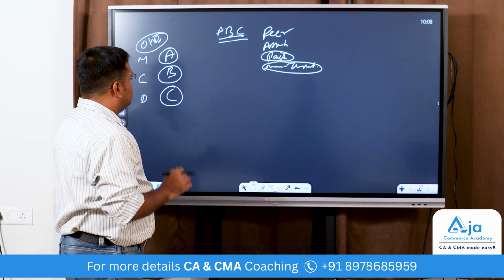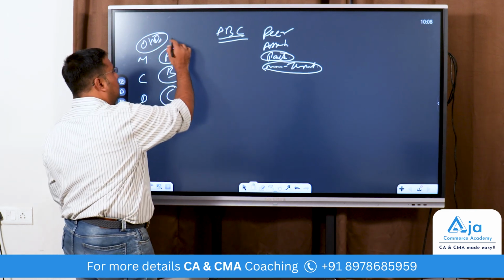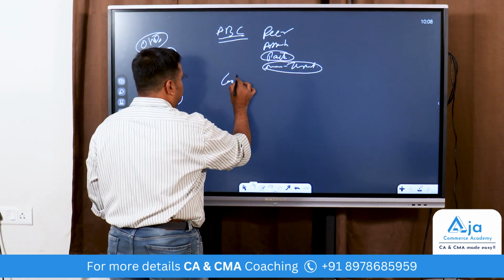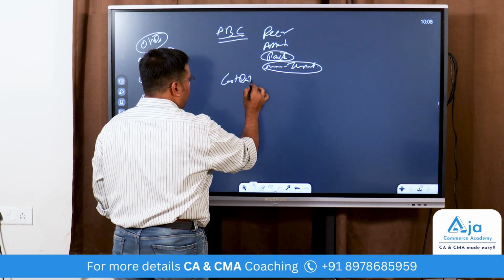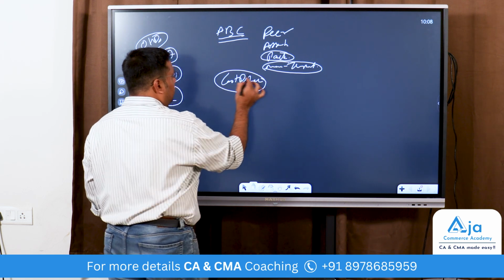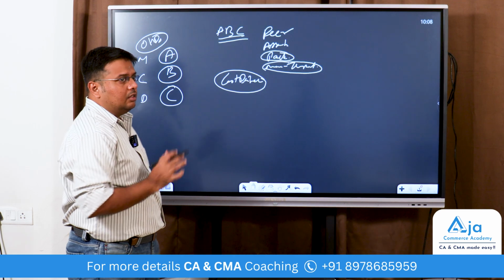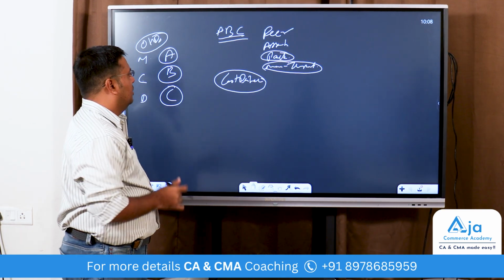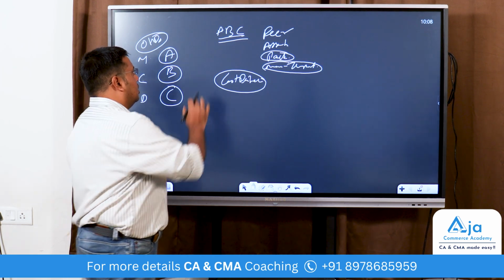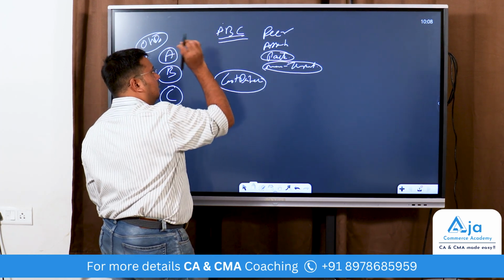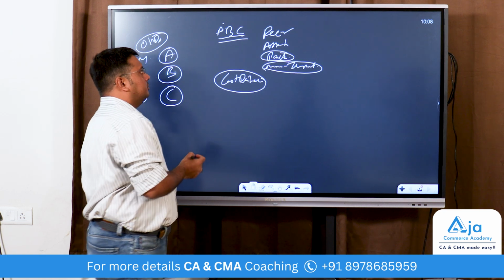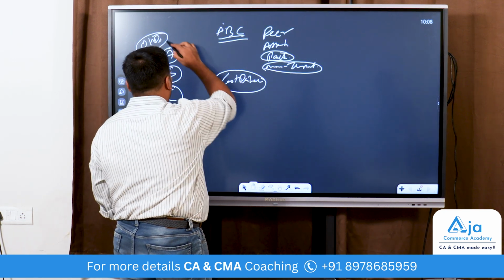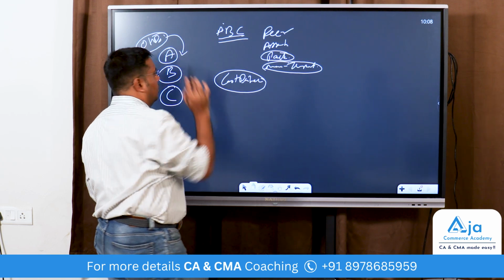And when I do all those things, I am going to arrive at something called a cost driver. This cost driver is a specific jargon in the world of activity-based costing. What this says is, use the level of activity as the cost driver to allocate your overheads to your products.